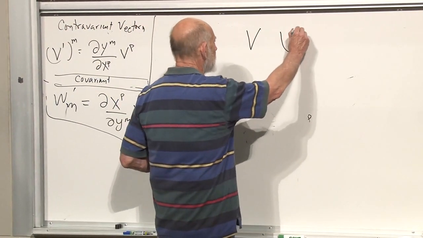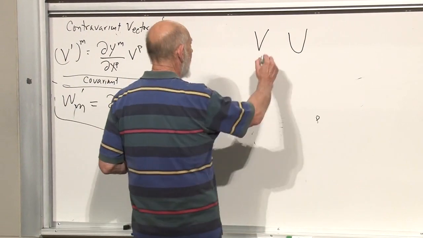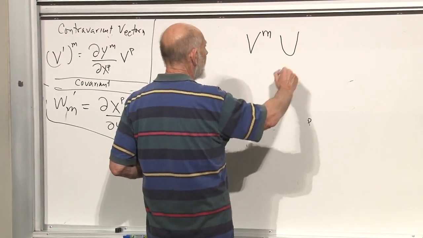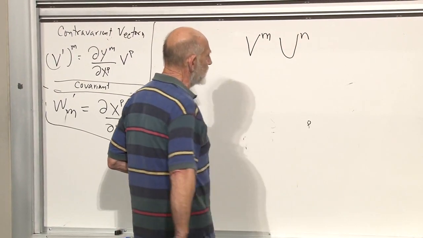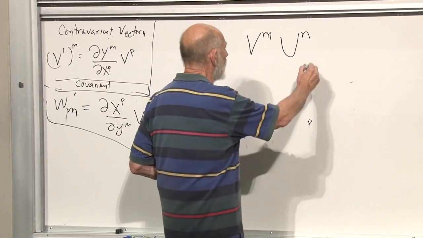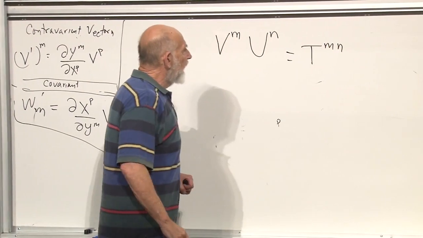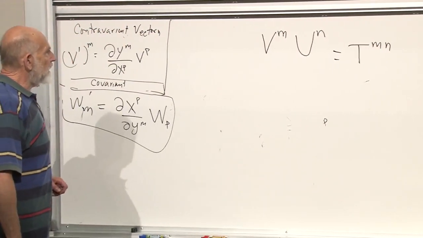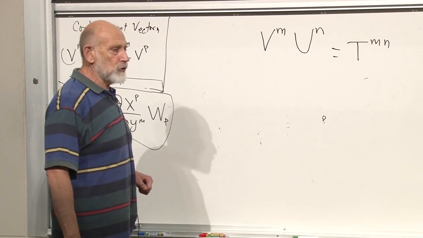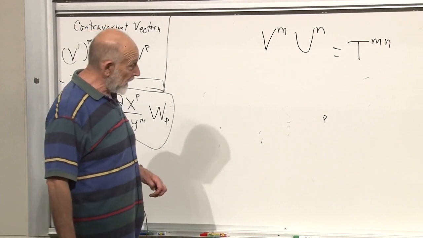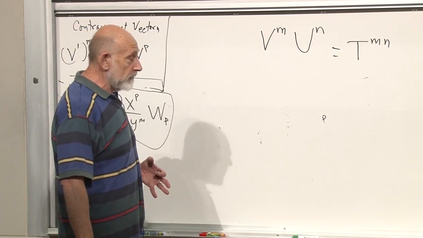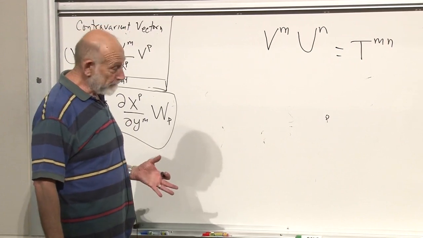And let's put them next to each other and take the M component of V and the N component of U. And let's just call this T^MN. Let's suppose we're talking about three-dimensional space, so that M and N run from 1 to 3.